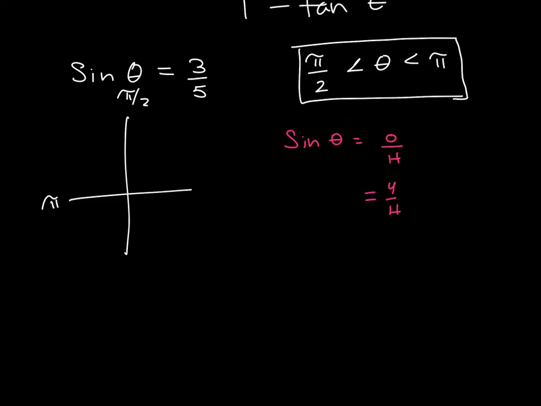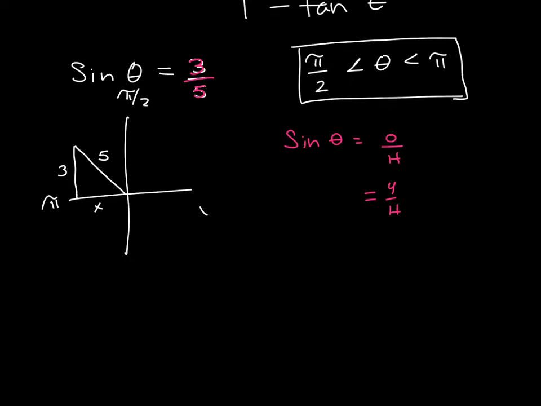So we have this hypotenuse that we know is 5. I know my y value here is 3, and that's because we have this fraction that is equal to 3 over 5.